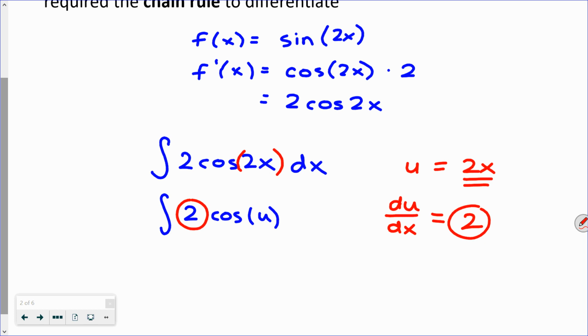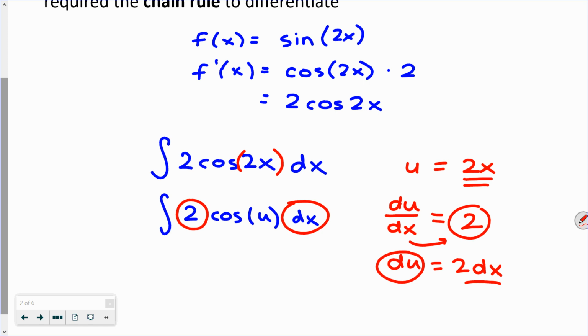So in place of the 2, actually I'm going to go back over here and pass this dx to the other side by multiplication. We've got a 2 and a dx, right? So I forgot to carry this dx down. So in place of this 2 and this dx in the integration that we're trying to do, I can replace 2 dx with du.